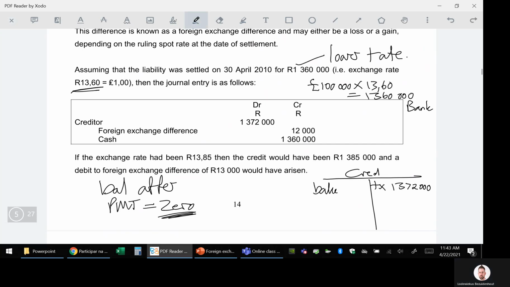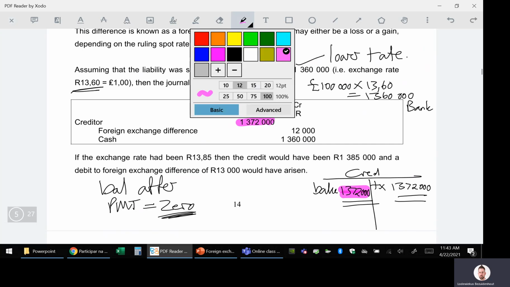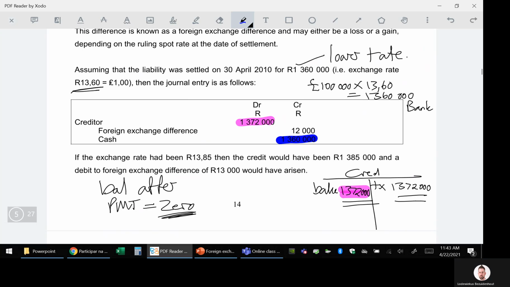We must say debit the creditor with 1372. And now our creditor is 0. But the debit side is more now than the credit side, because our bank amount is only 1360. So the difference between the two will be a foreign exchange profit. Why is it a profit? Because the rate is lower than at the transaction date. And now we have a profit.